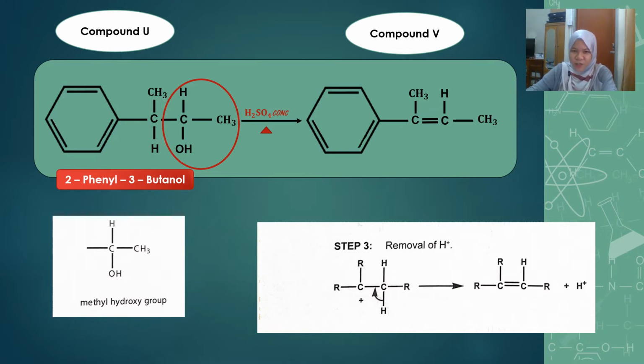The electron from the CH bond will be given to the carbon-carbon bond, so that the double bond is formed and the H+ is removed. Where will the H+ go? The H+ will go back to the H2SO4, which is the reagent.